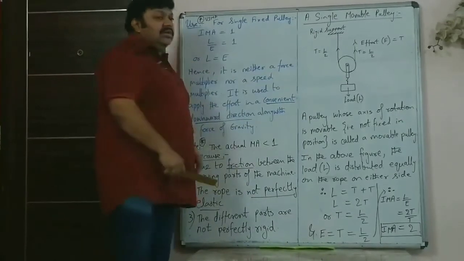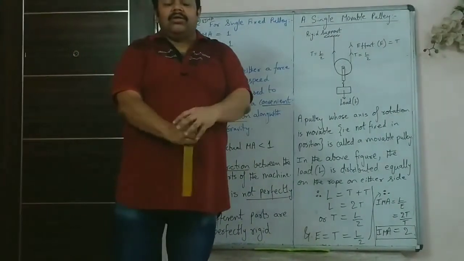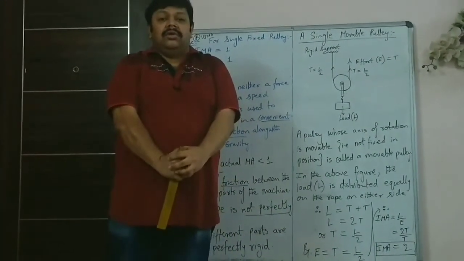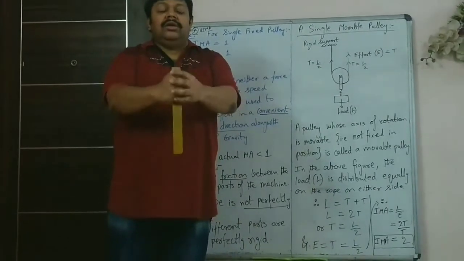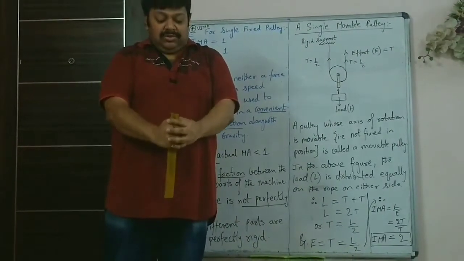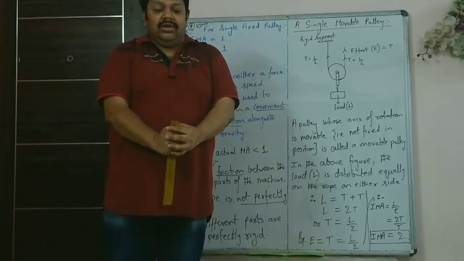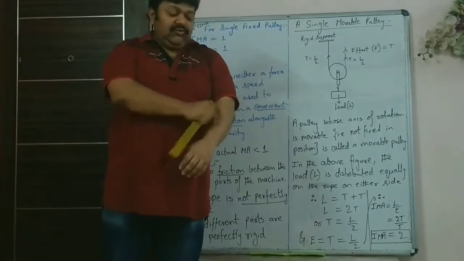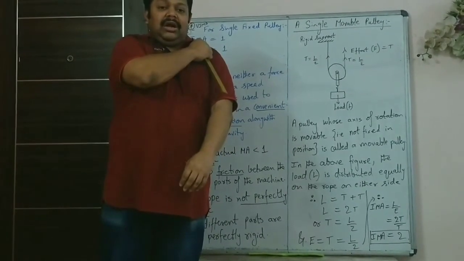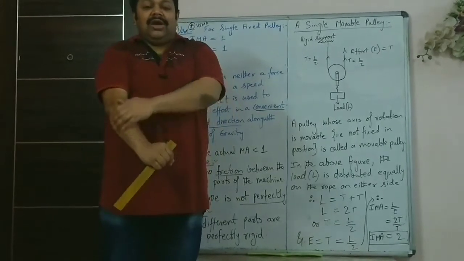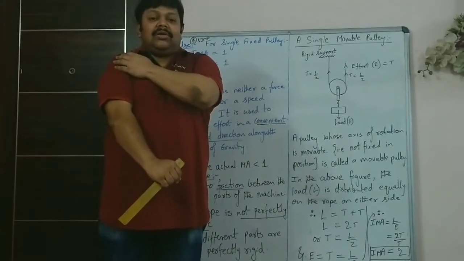In this case, it is as good as holding a bucket of water and standing like this with both the hands. If the mass of that bucket of water is 10 kg, now 5 kg will be acting on this hand and 5 kg will be acting on this hand.